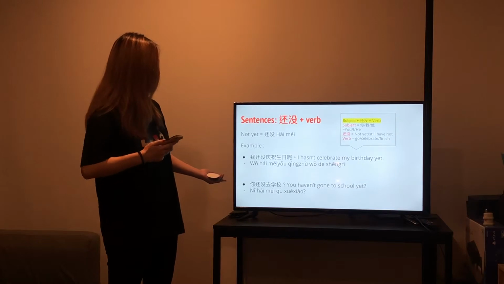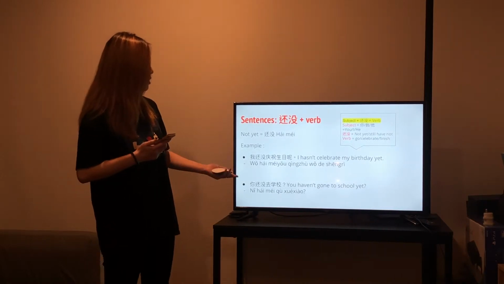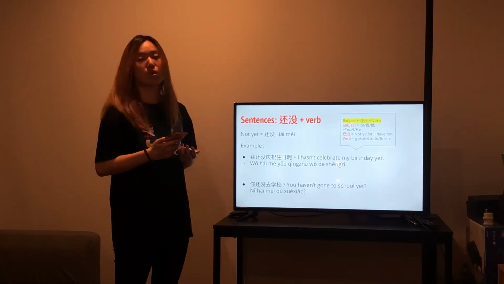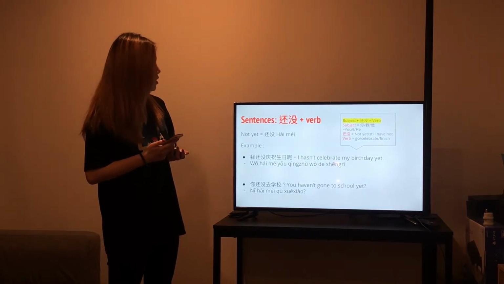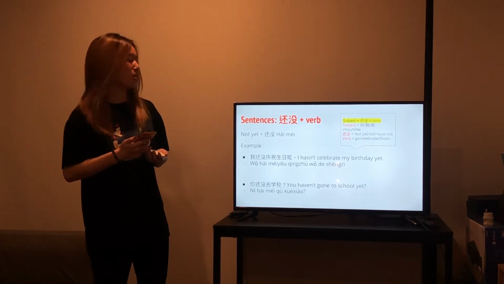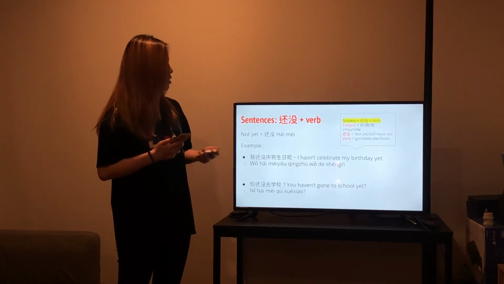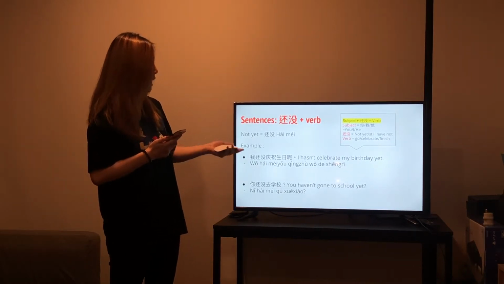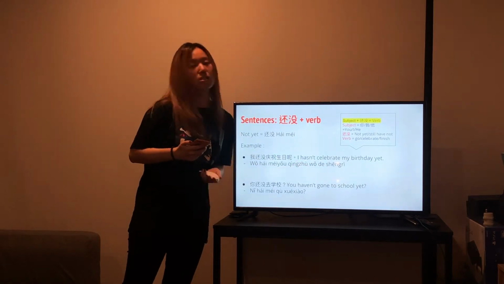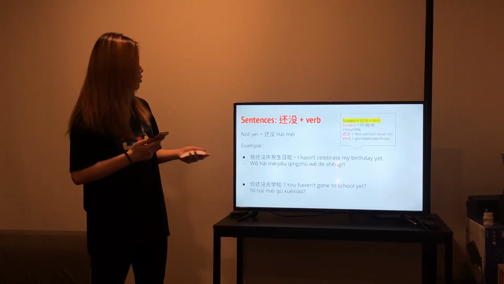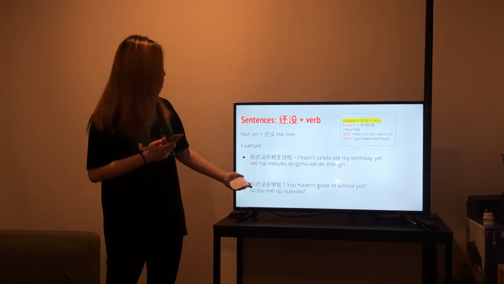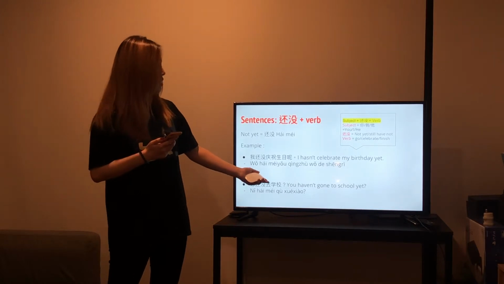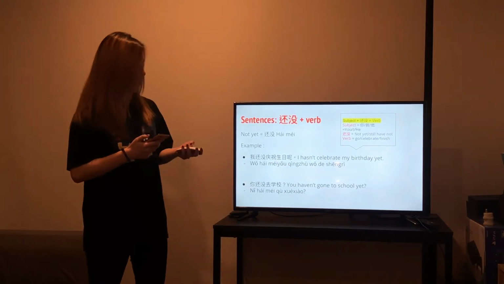The other example is 你还没去学校. You haven't gone to school yet. 你 is the subject, it means you, 还没 is yet, and we put the verb last. 去 is the verb, go, and 学校 is school.